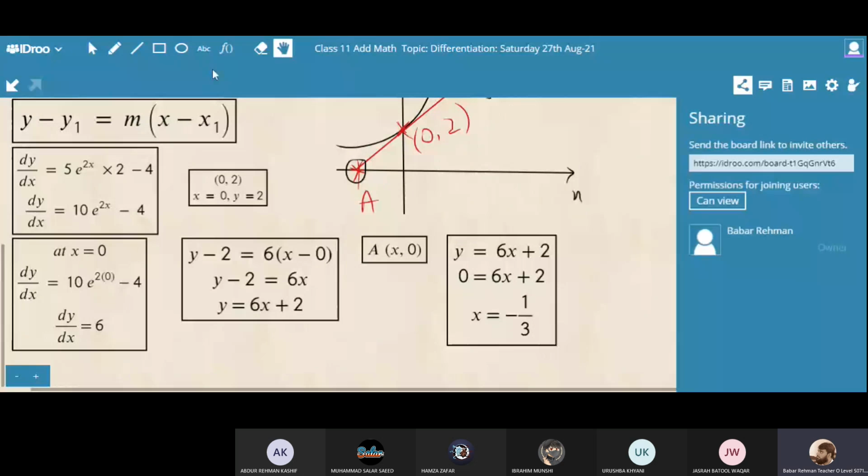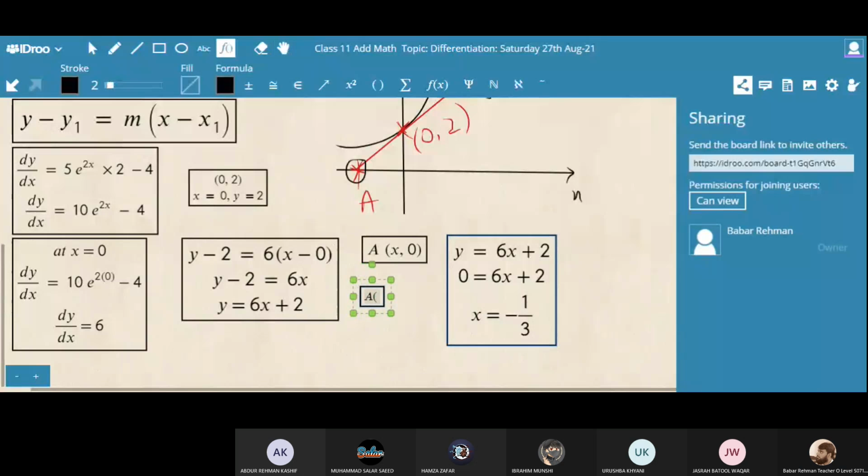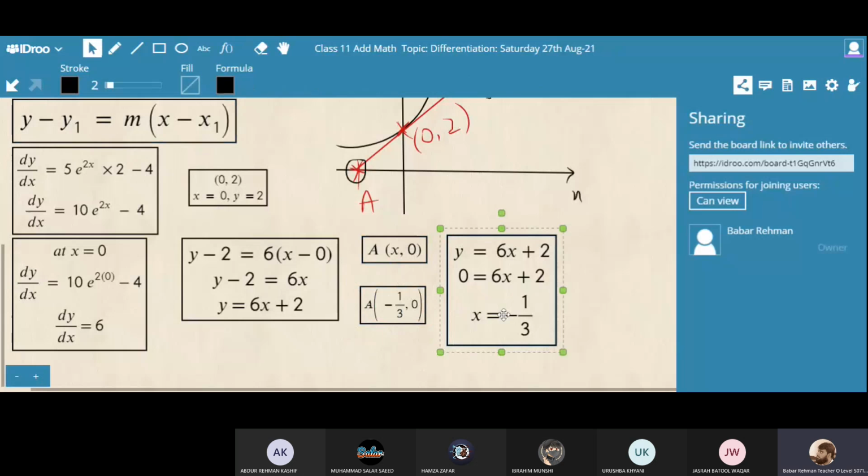Because we have to find the coordinates of A. The coordinates of A are minus 1 upon 3 comma 0. This is our answer, student. Hope you got this concept.